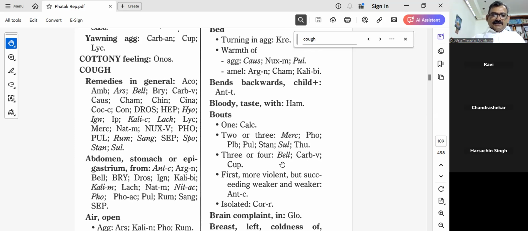Then see, Belladonna is also there, Carbo veg is not there, and Cuprum? Is Cuprum there? No. So the best remedy, as the symptoms tell, is Belladonna. When they cough 3 or 4 times and it comes from the epigastrium or the stomach, what are the common things in both lists?